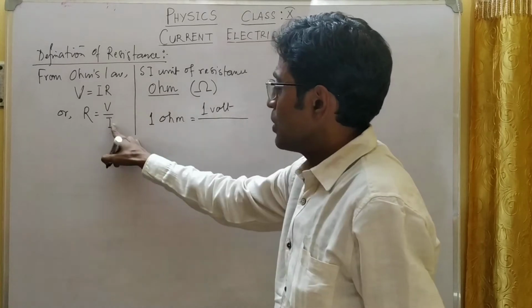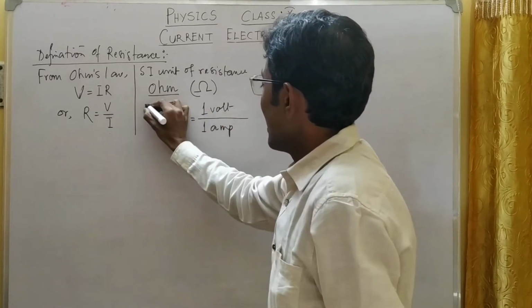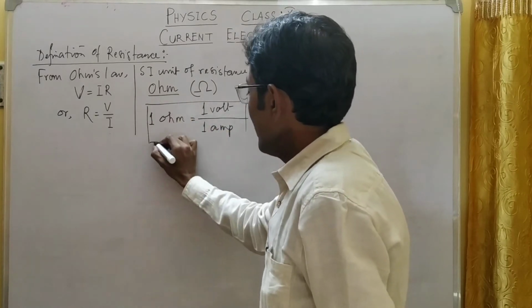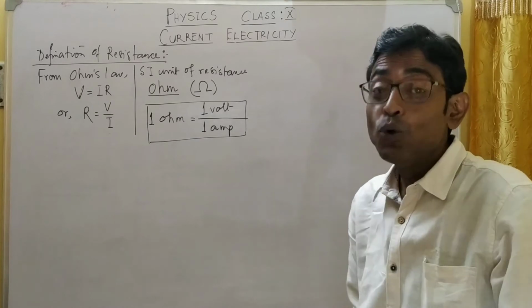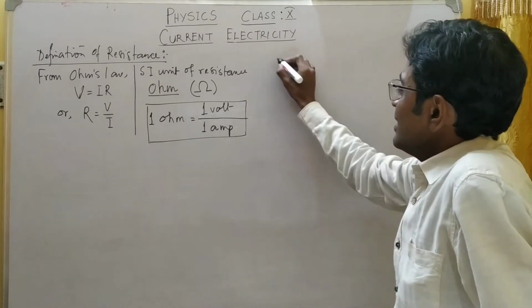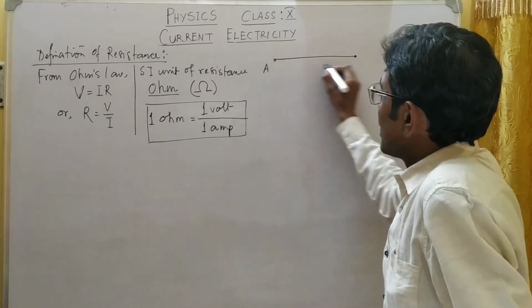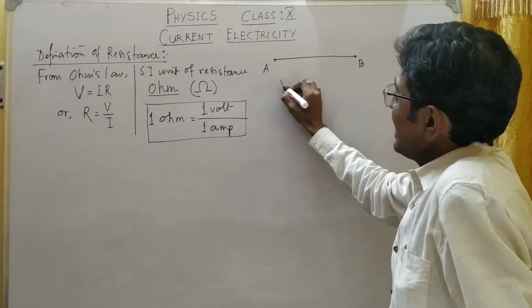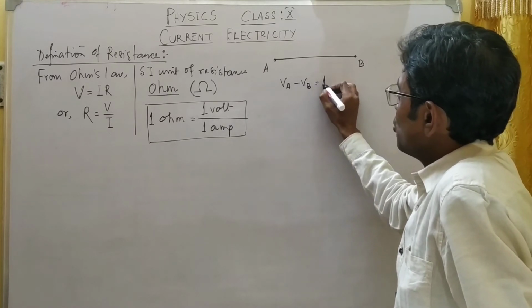And what is the unit of current? 1 ampere. So I can write, a conductor has the resistance of 1 ohm when the potential difference between the two ends of the conductor, VA minus VB, equals 1 volt.